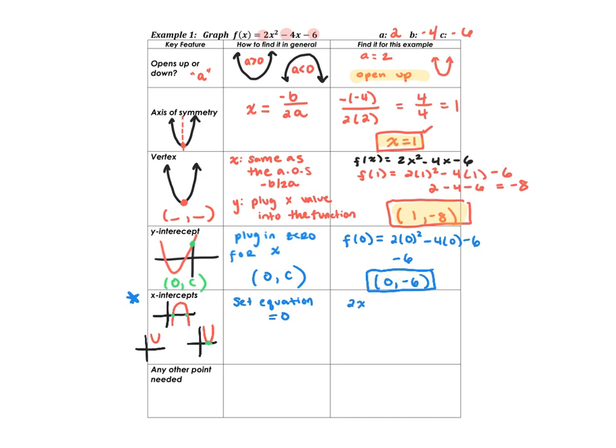So I'm going to think, all right, what would make 2x squared minus 4x minus 6 equals 0? Essentially saying the y value, or f of x, the output has to be 0, because that's the case with any x-intercept. We want to figure out what's the input such that the output is 0, because all these coordinates that I highlighted in green here, they're some x value, 0.